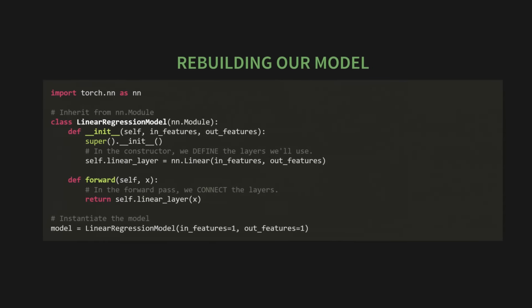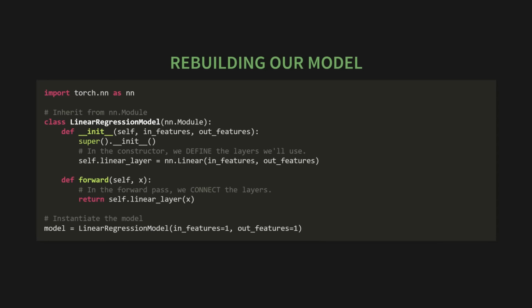First, we import torch.nn as nn. Then, we define our class LinearRegressionModel. And notice we inherit from nn.Module. Inside the constructor, the __init__ method, we first call super().__init__(). This is super important. Then, we define the layers we'll use.